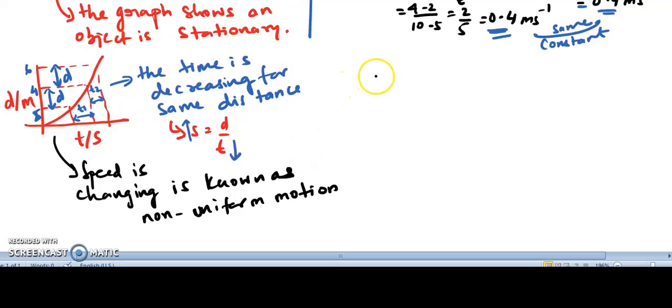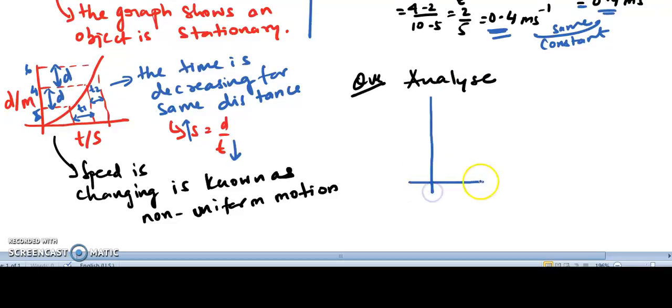Now let us analyze one question which is given here at the base. Let's say the question shows you something like this. It shows you this way, then this way, then this way, and then like this.